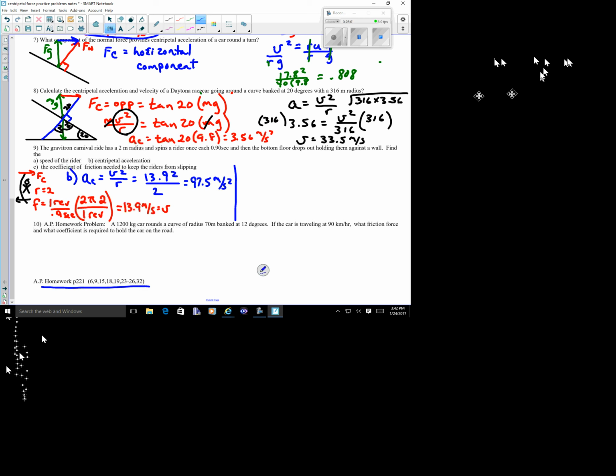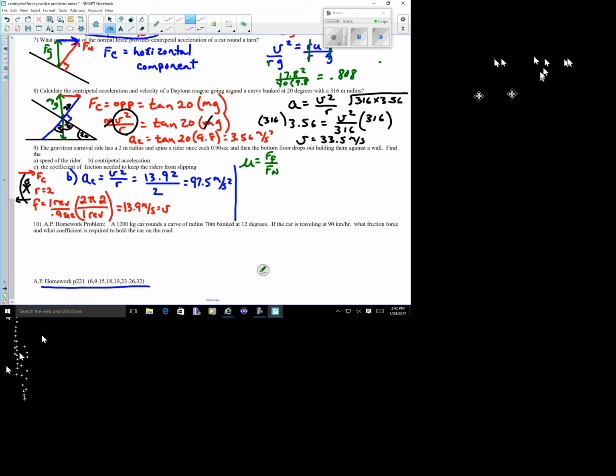Now, finally, it says, what is the coefficient of friction needed to keep the rider from slipping? Well, this gets tricky. Let's go back to a couple chapters ago when we said that the coefficient of friction is the friction force divided by the normal force. Now, I might have to repeat this in class because you've got to sort of see what I'm doing here.